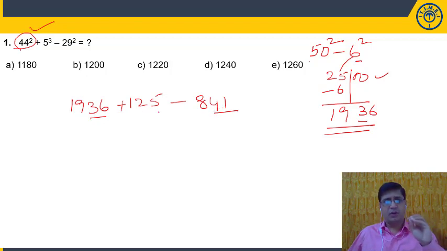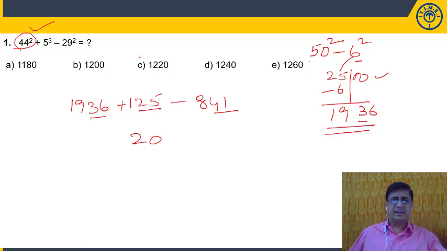It is minus 5. Subtract 5 from 25, it is 20. If you observe the options given here, only one option has 20 as the last 2 digits. So without finding the remaining part, we can directly mark the answer as choice C. Am I clear? You need not find the entire value, just by looking at the last 2 digits, we can mark the answer very easily.